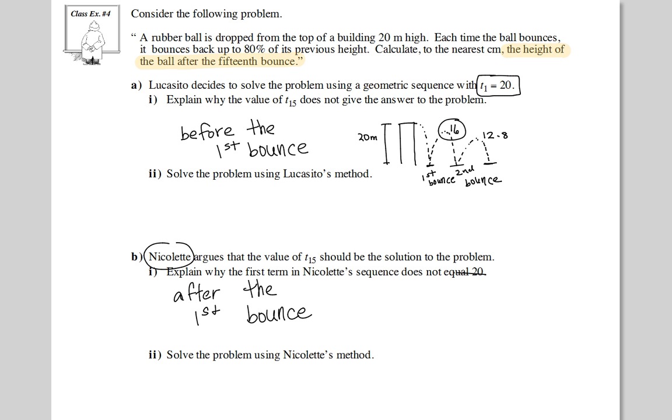And this is what you have to deal with in a test situation: they want a very specific value. It might be a numeric response or something. There's no leeway, right? So it says you need to calculate the height of the ball after the 15th bounce. So which one do you want to go with? Nicolette. Yeah, I would go with Nicolette.